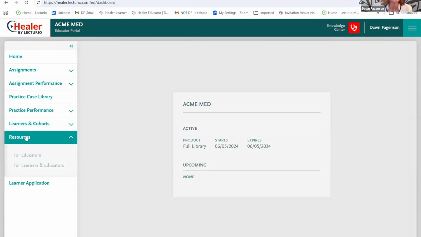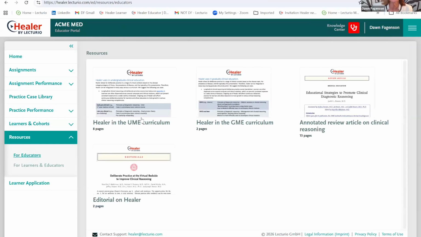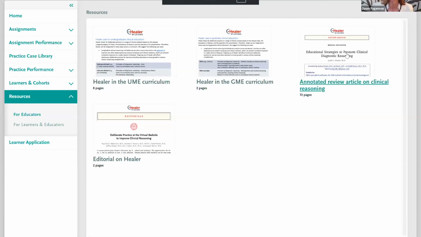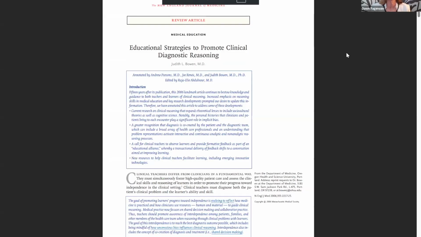Again, I like to go back to where everything came from. In Lecturio, Healer is now owned by Lecturio. Here I'm right in the resources section. This whole idea of how to teach and assess clinical reasoning started with an article that Dr. Judith Bowen wrote in 2006 for the New England Journal of Medicine.